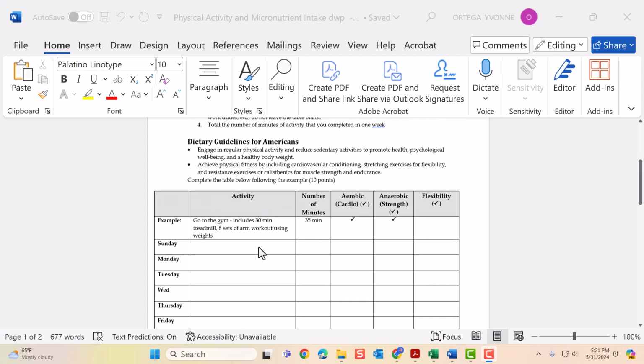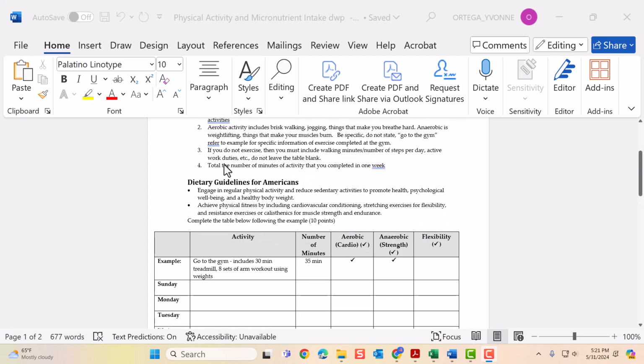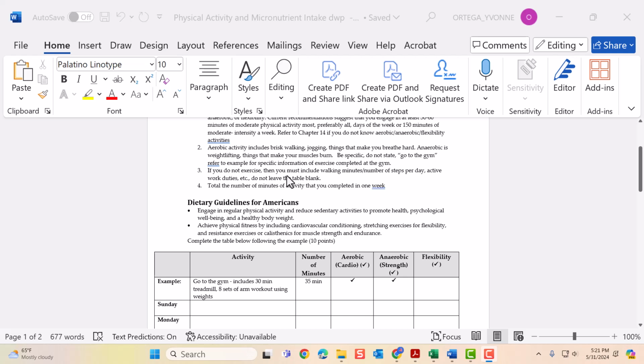The instructions tell you that if you do not exercise, so structured exercise, go to the gym, you don't consistently go on long walks, lift weights, then you should enter activities of daily living. So that means your walking steps you can include. You walk around all day. If you have an app on your phone that tracks your steps, you can do that.